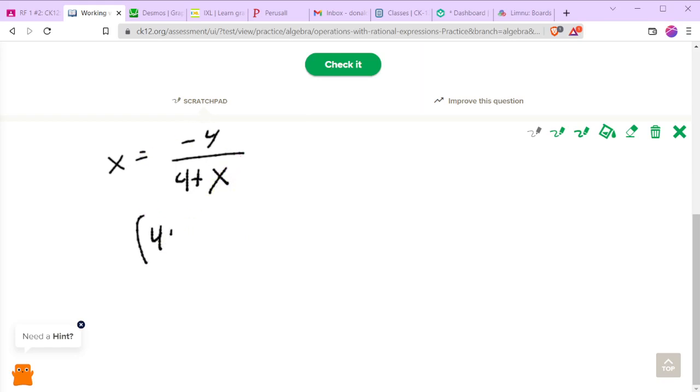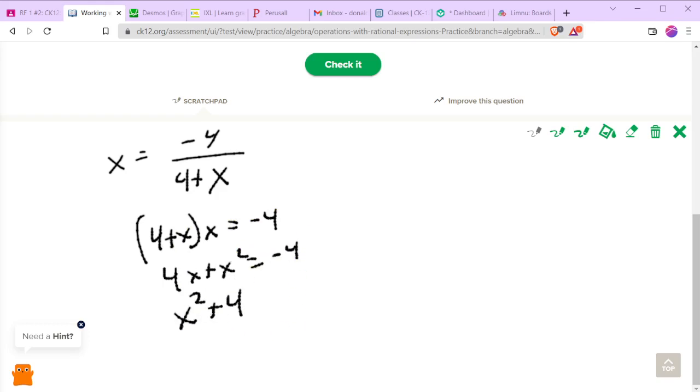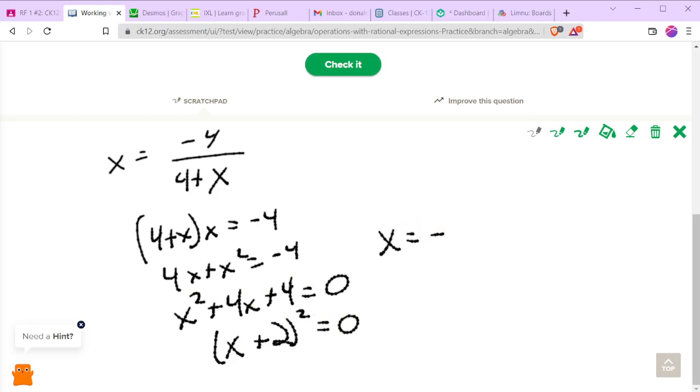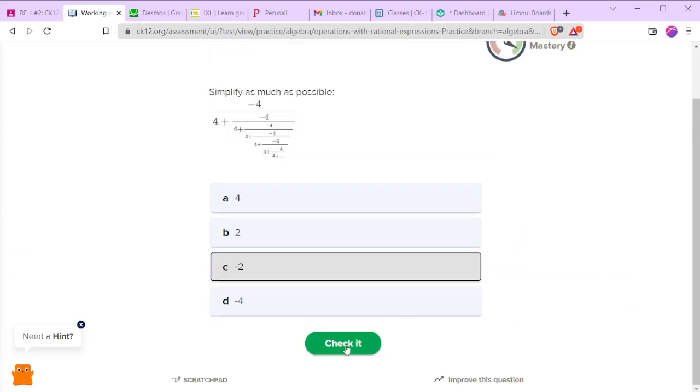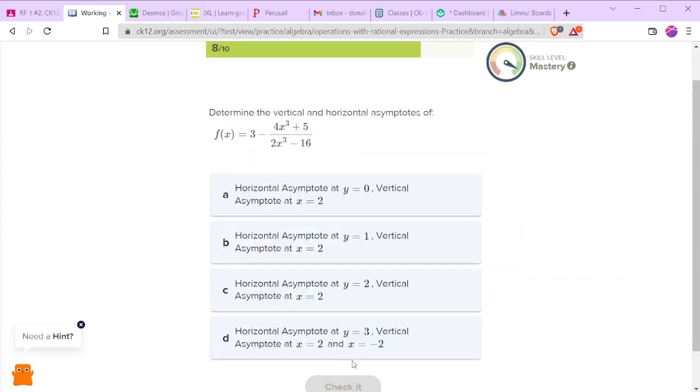We have a 4 plus x times x equals a negative 4. 4x plus x squared is a negative 4, or x squared plus 4x plus 4 equals 0. That factors as x plus 2 squared. So x is a negative 2. Sorry, I did not mean to hit that one. But negative 2 is the value of that fraction.